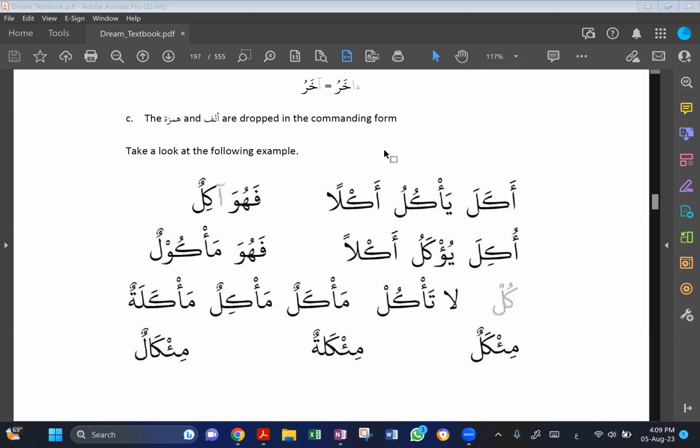Yes. أكل هما أكلا هم أكلوا هي أكلت هما أكلتا هن أكلنا أنت أكلت أنتما أكلتما أنتم أكلتم أنت أكلتي أنتما أكلتما أنتن أكلتن أنا أكلت نحن أكلنا.